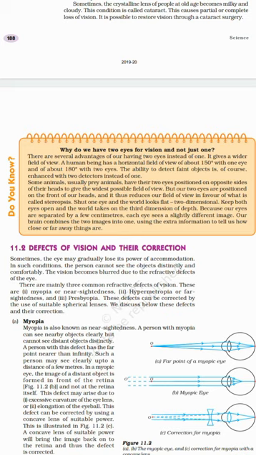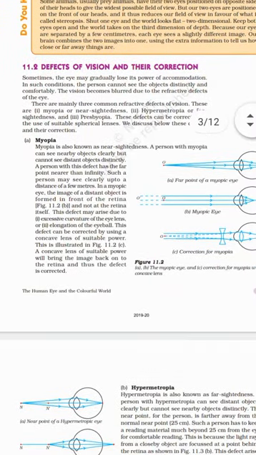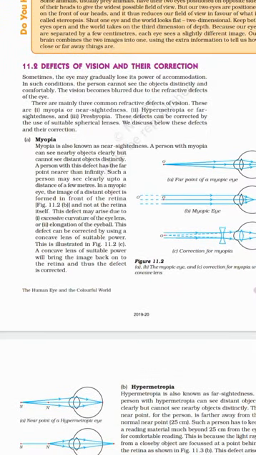Maximum distance at which we can see the object clearly is called the far point. And we can't measure the maximum distance which we can see, that's why it is taken as infinity. It is not exactly infinity, but we can't measure it.